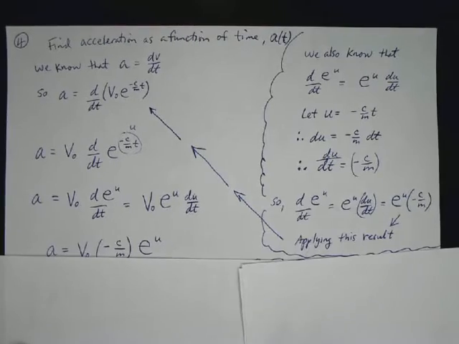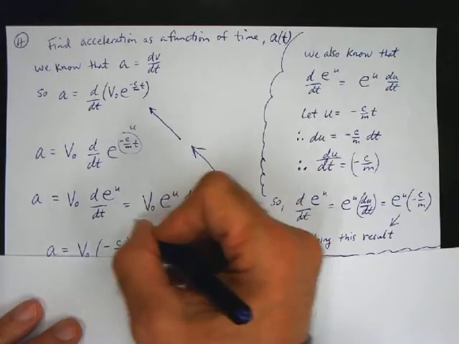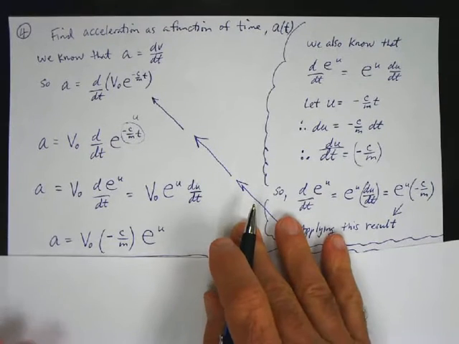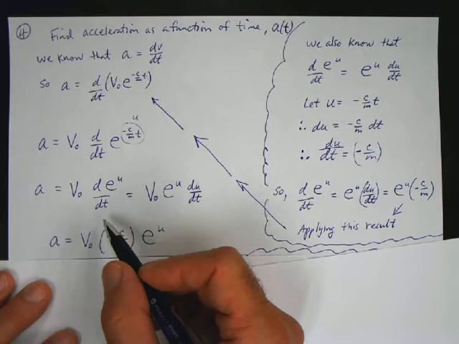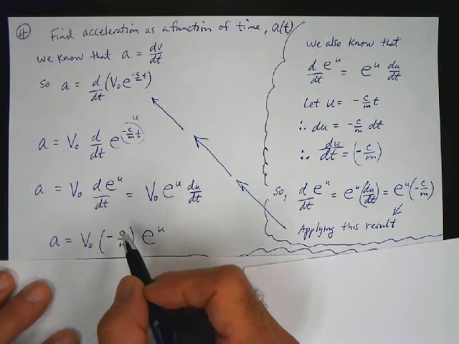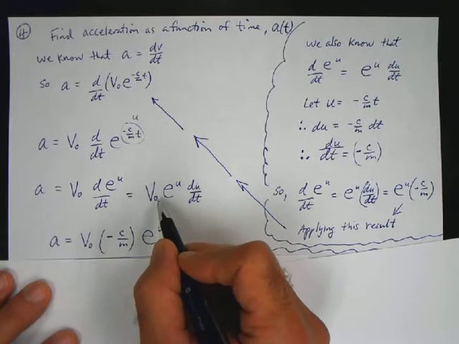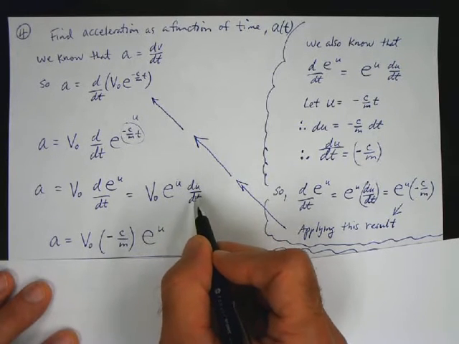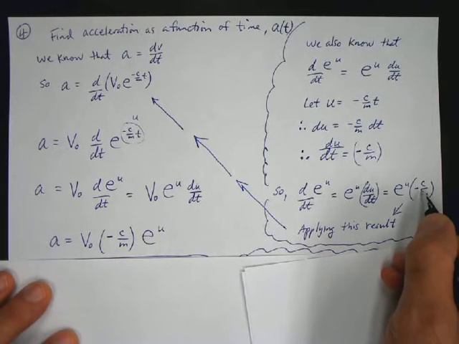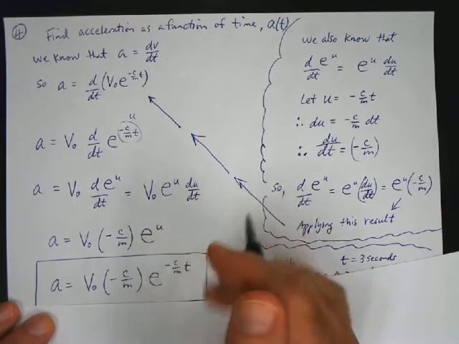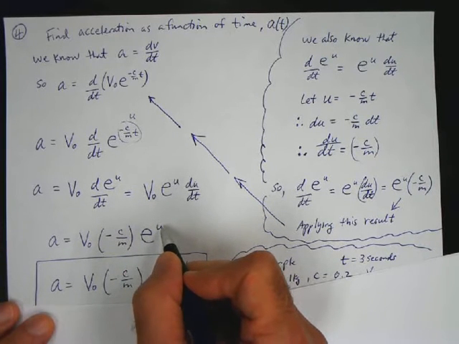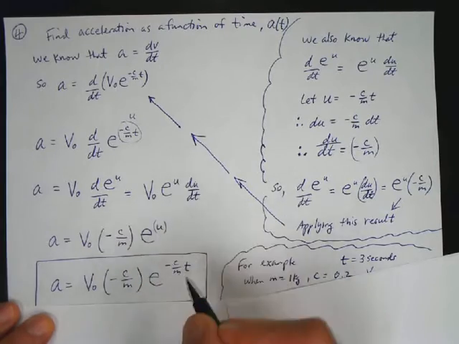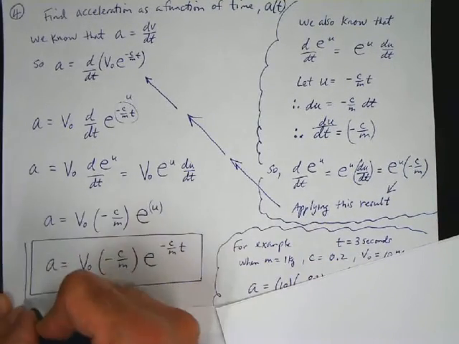So the derivative of e to the u over dt is equal to e to the u du dt, but du dt is equal to negative c over m. Applying this result right to here, we get that the acceleration is equal to v naught times e to the u du dt, but du dt is negative c over m.